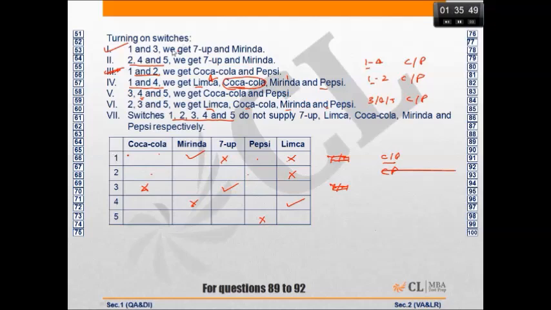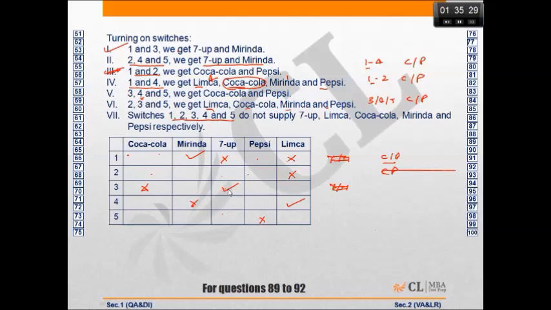Okay, 2, 3, 5, this statement: 2, 3, 5 we get 7 Up and Mirinda.